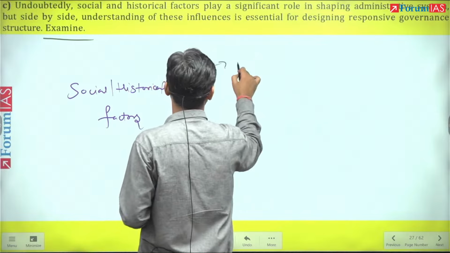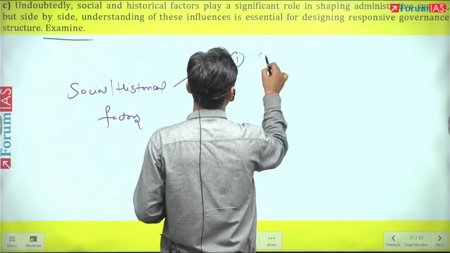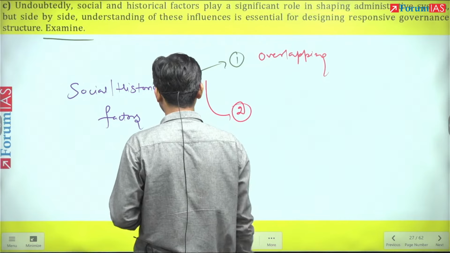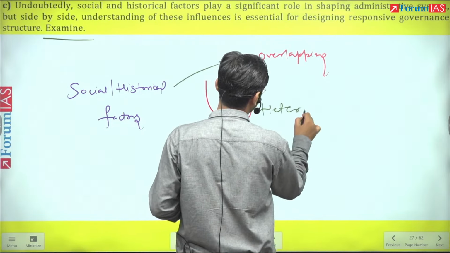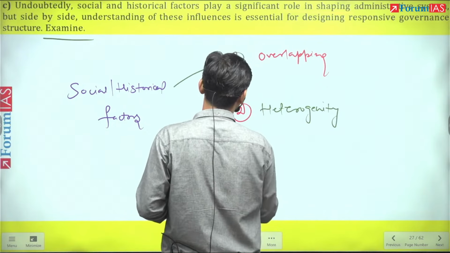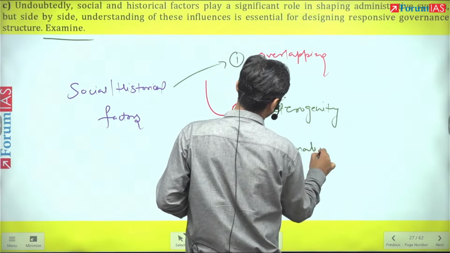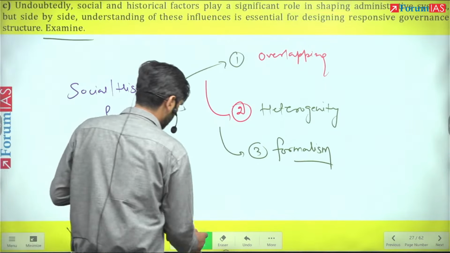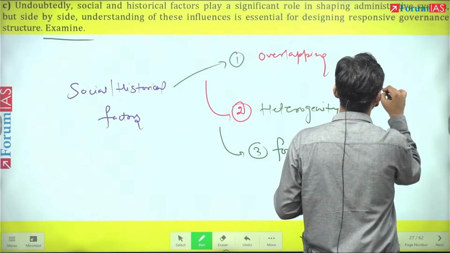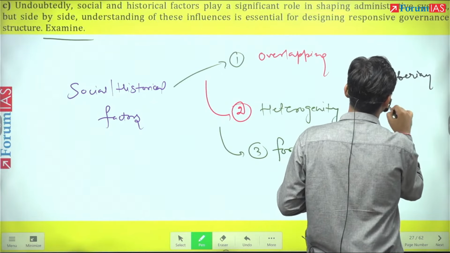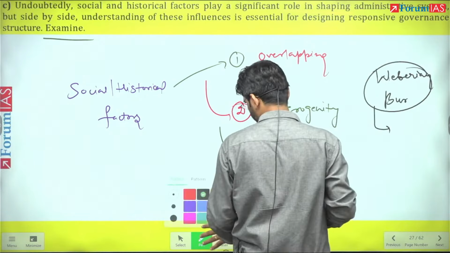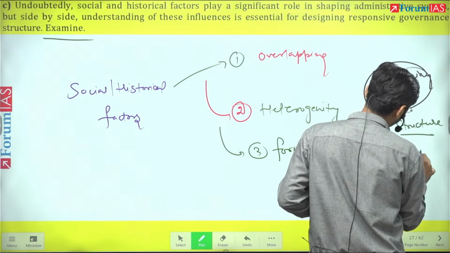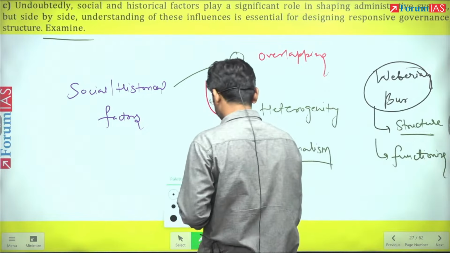Fred W. Riggs argues very nicely how there is overlapping of functions, how we see the phenomenon of heterogeneity in society, how we see the issue of formalism. Then many thinkers at the level of micro comparative public administration also argue that the Weberian bureaucracy is structurally Weberian, but when it comes to functioning it is non-Weberian in nature.